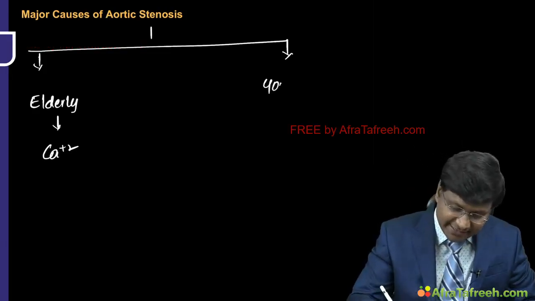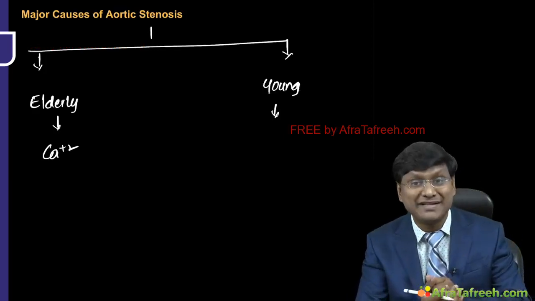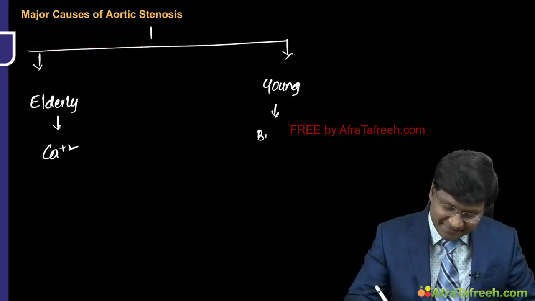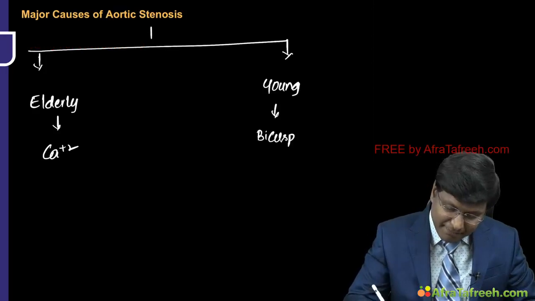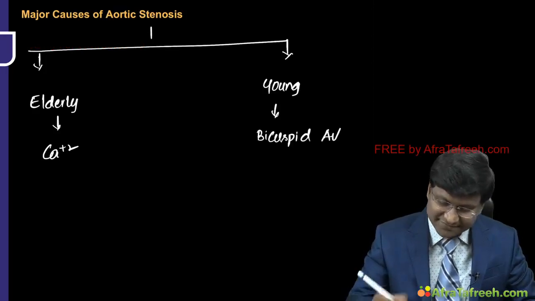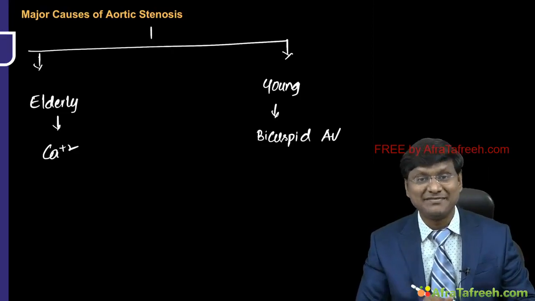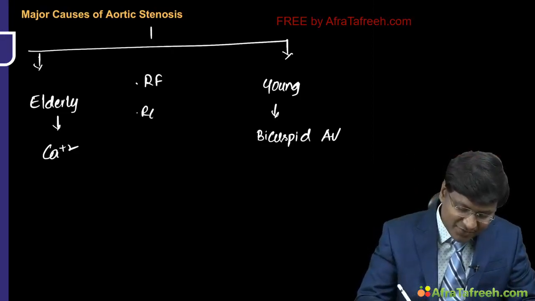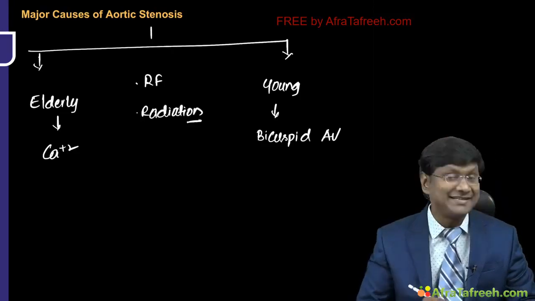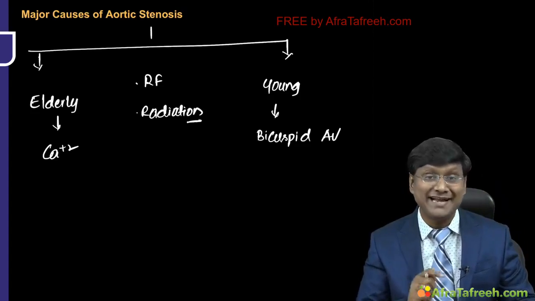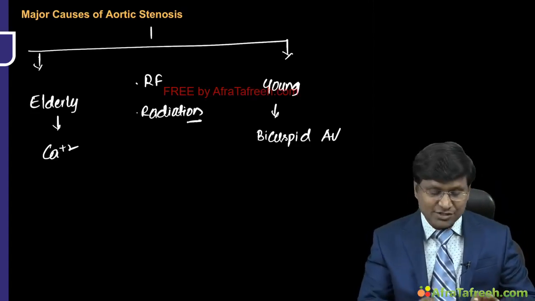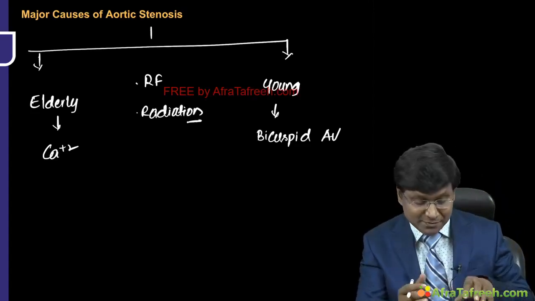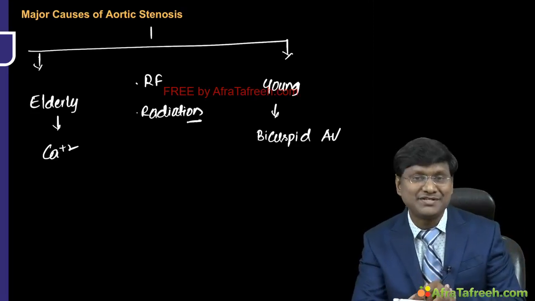In young individuals, the most common cause of aortic stenosis will be bicuspid aortic valve, and the other causes will be rheumatic fever as well as radiation. So these are the various etiologies responsible for the development of aortic stenosis.